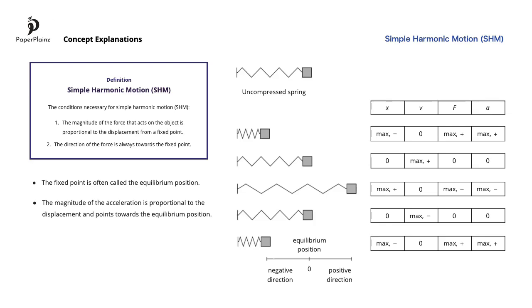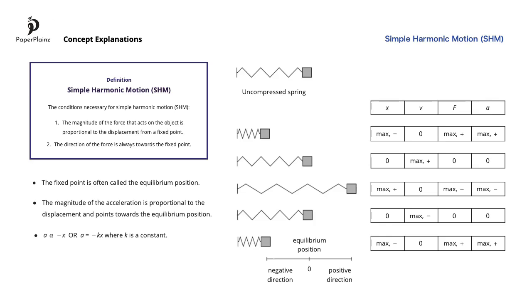A final concept to mention here is the relationship between the acceleration and the displacement, which we already described in words and said that the magnitude of the acceleration is proportional to the displacement and it points towards the equilibrium position. This is how we write this relationship mathematically. The Greek letter alpha after a means proportional to. So basically, this expression says that acceleration is proportional to negative displacement.